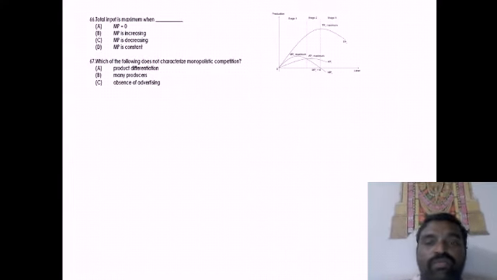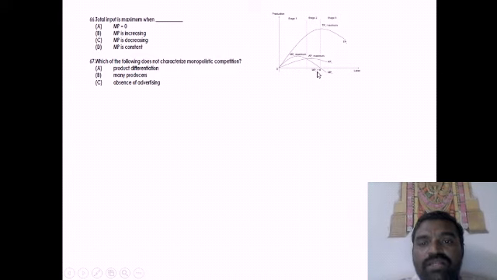See here, you can see the diagram. In this, when the marginal product MP is equal to 0, then total production is maximum. So total output is maximum when MP is equal to 0, right?